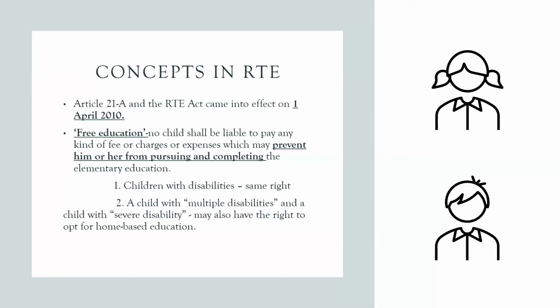So please know that home-based education is not just for people of the higher strata of the society, but for anybody who actually desires to see their child with multiple disabilities also come up. So appropriately, the government should ensure that when a request is being made, that home-based education is provided for the child. Okay, yeah. What next?